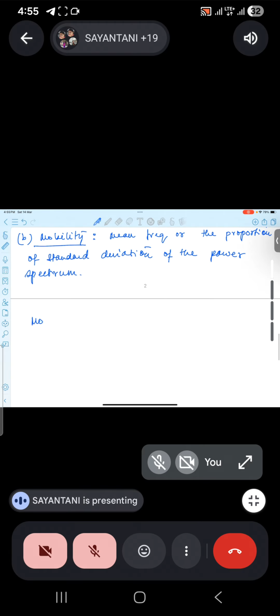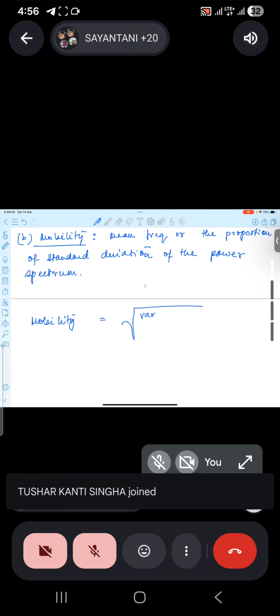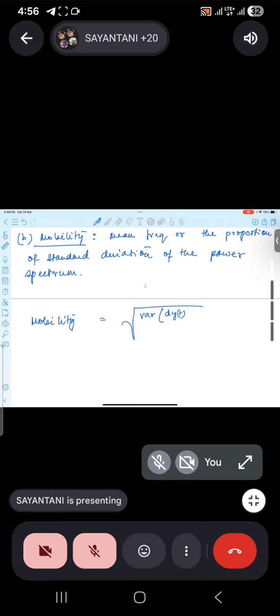So mobility is defined like this: that is the variance of the derivative divided by the variance of the original signal.